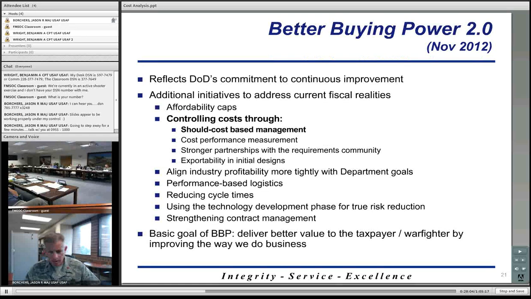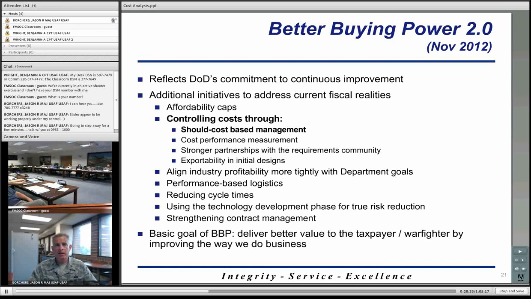So in November of 2012, we arrived at this thing called Better Buying Power 2.0. Again, this is just another evolution of the Better Buying Power process. All this did, it adapted with a changing of the times. It looked at, since 2010, since we first started applying these Better Buying Power initiatives, what has worked, what hasn't worked.